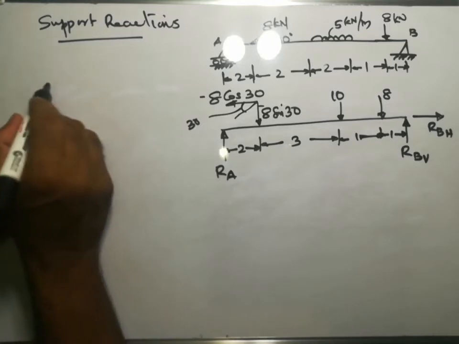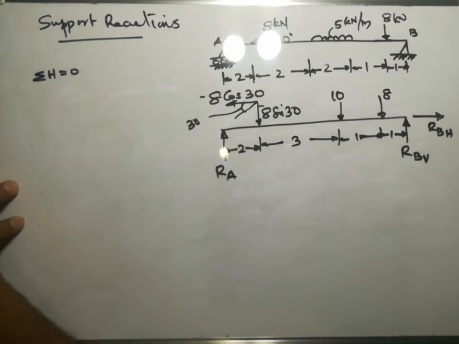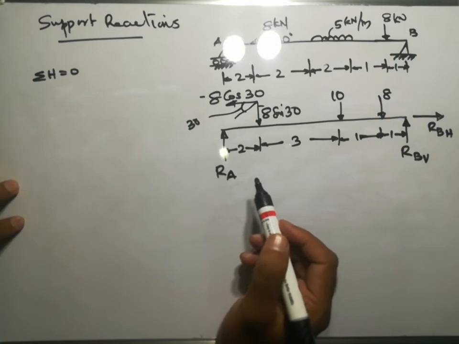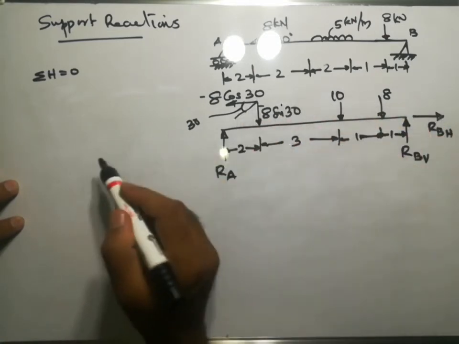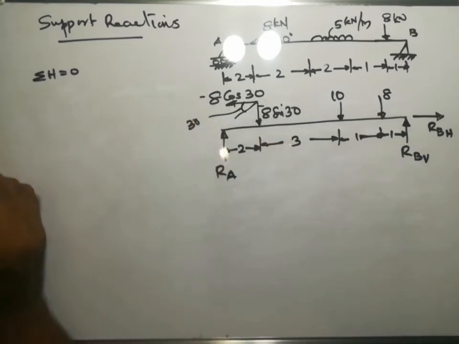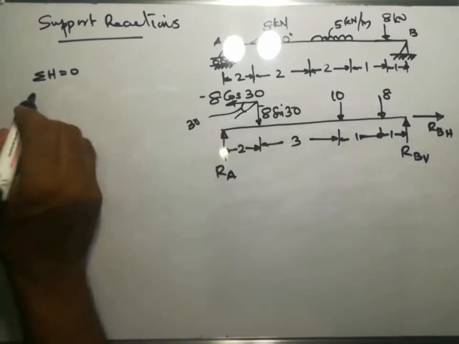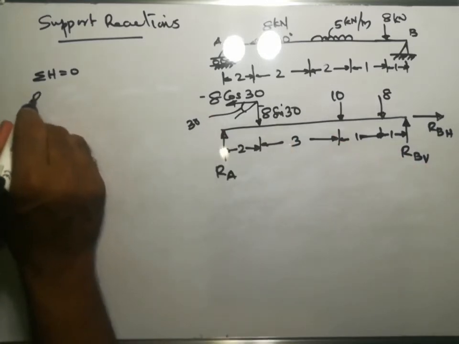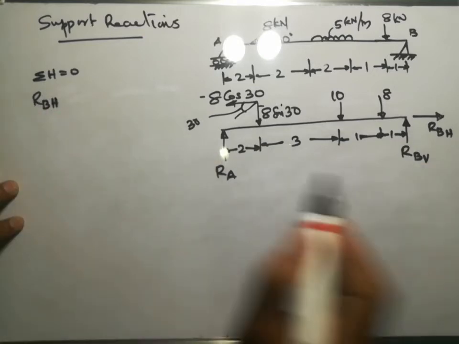Say sigma H equal to 0. First equilibrium equation, sigma H equal to 0. How will it be? Two horizontal forces are there on this beam, that is 8 cos 30 in the leftwards direction and RBH towards the right. So RBH is taken as positive, as it is acting from left to right.